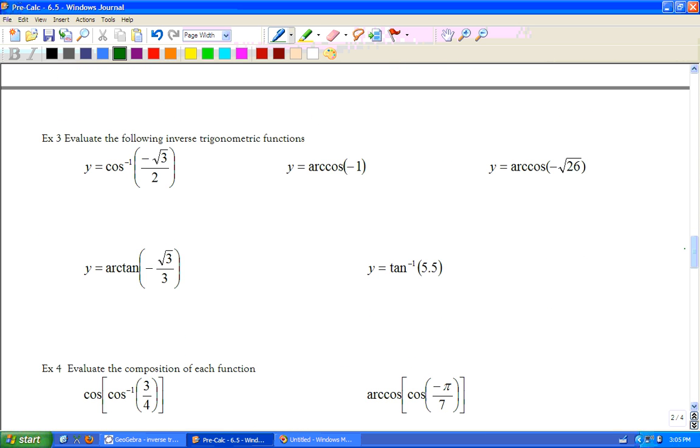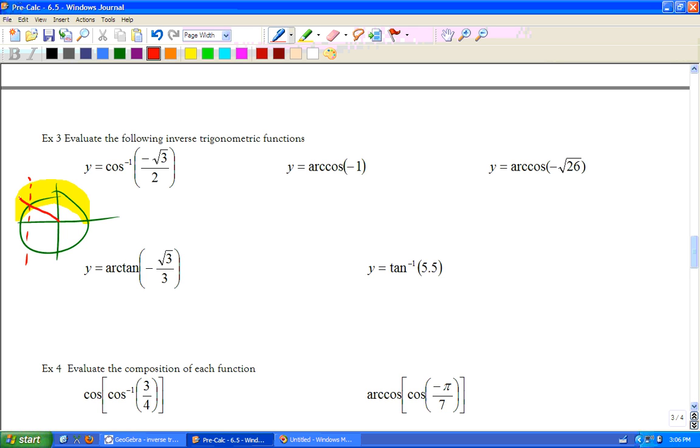These are some of the basic ones. And again, each pre-calc teacher would do these differently, but I always go back to the unit circle. So it says, what's the cosine inverse of negative square root of 3 over 2? I go to the unit circle, and for cosine inverse, I'm restricted to the first and second quadrants. So in the first and second quadrants, when does the x value equal negative square root of 3 over 2?